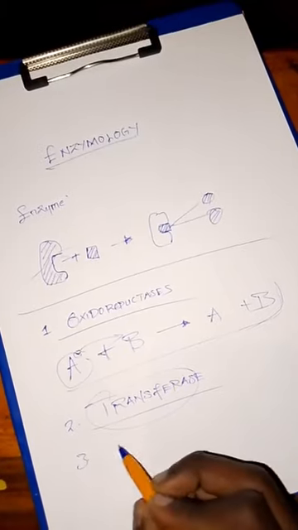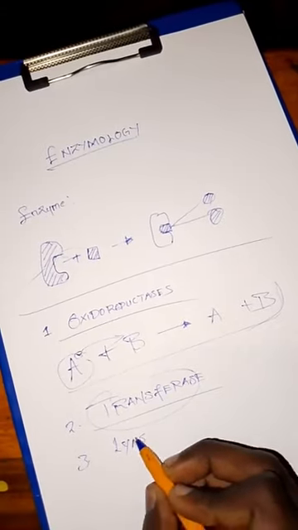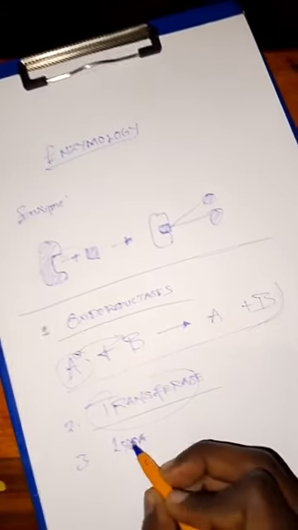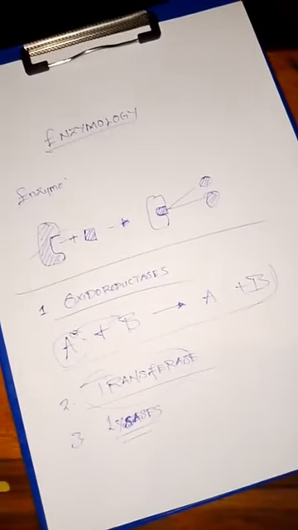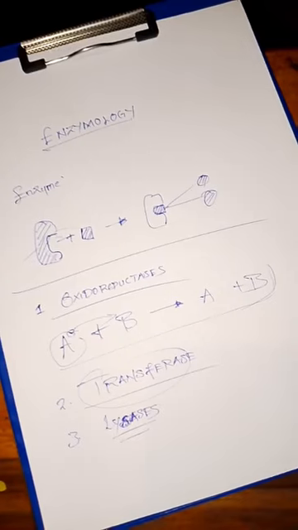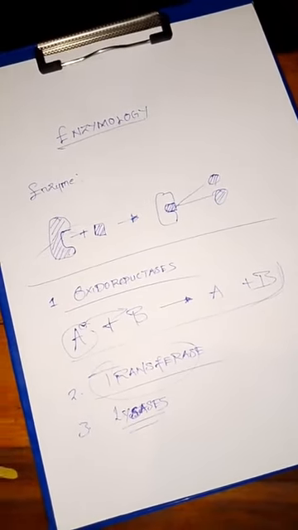Then we also have another class of enzyme that is known as the lyase enzyme. Basically, these lyase enzymes are involved in the breaking down of chemical bonds.